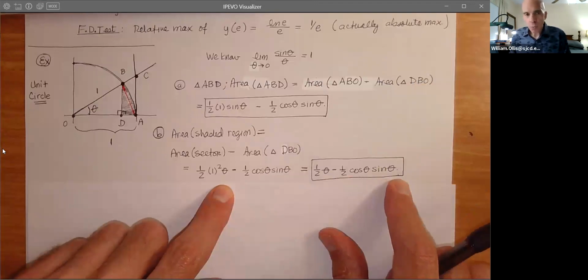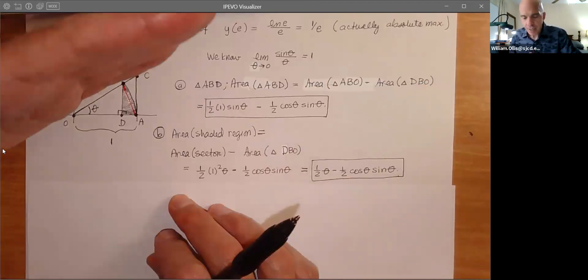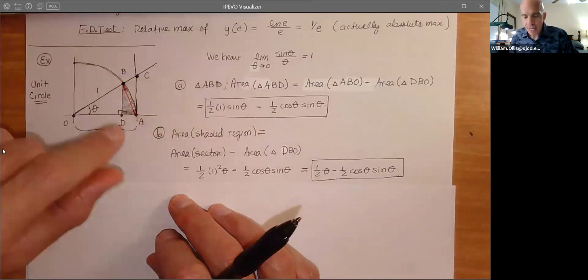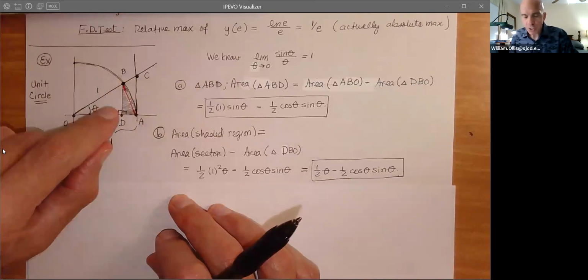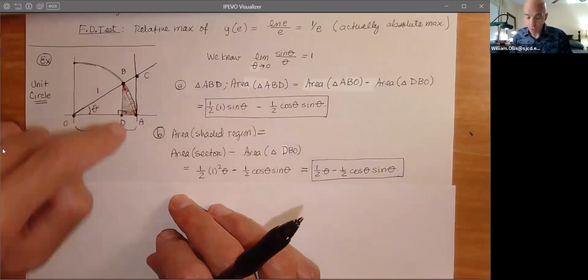Now, think about what's going on here. As theta goes to 0, what we're going to be interested in is taking the ratio of the shaded region to the triangle area ABD. And that's what we're going to do here.